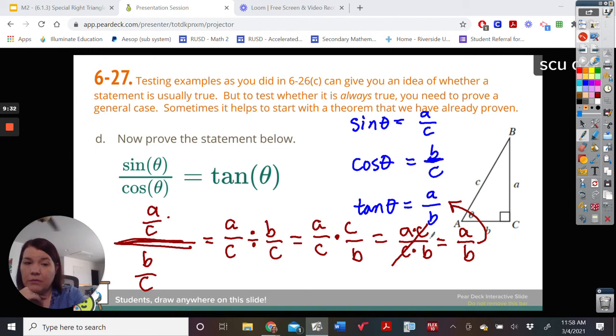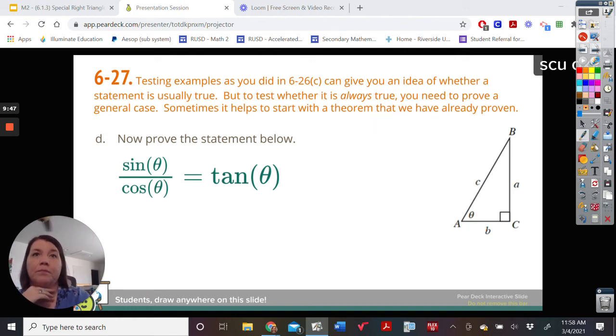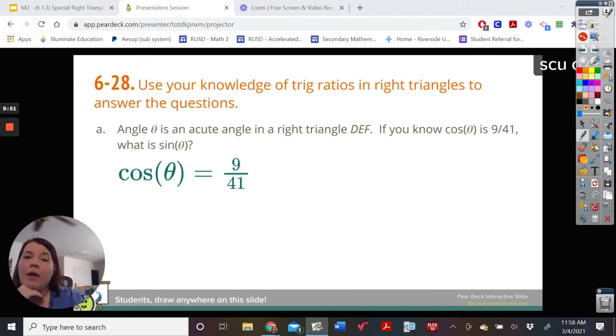So let's try something. Theta is an acute angle in a right triangle DEF. If you know that the cosine of theta is 9 over 41, can you find the sine of theta? So, here's a triangle. We're going to let this be theta, just because of the way I drew the picture.